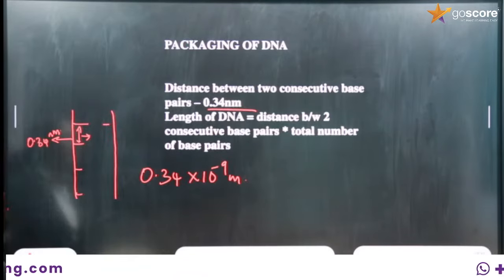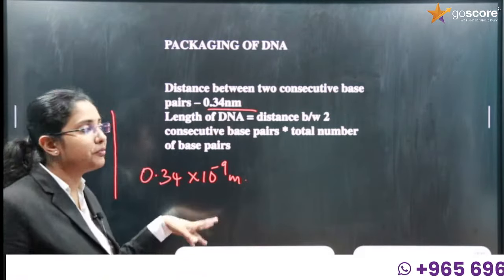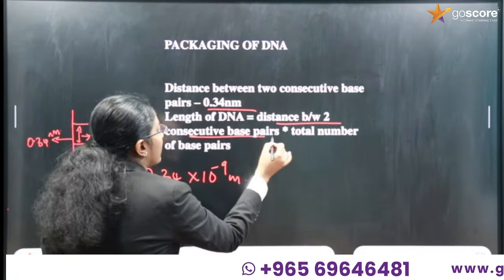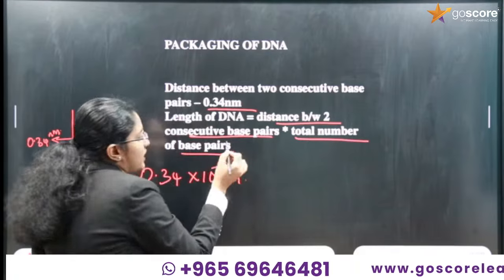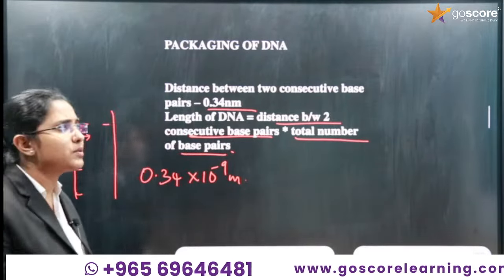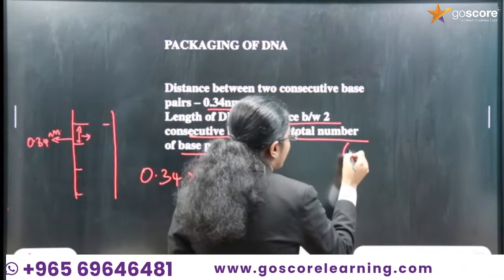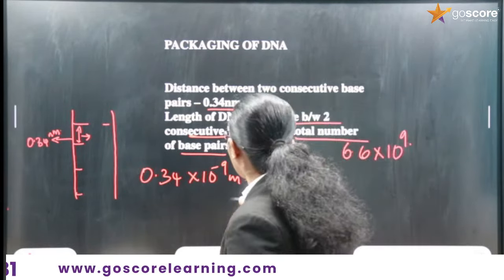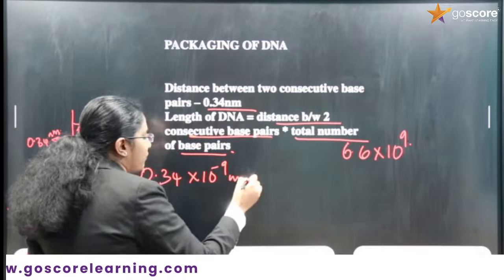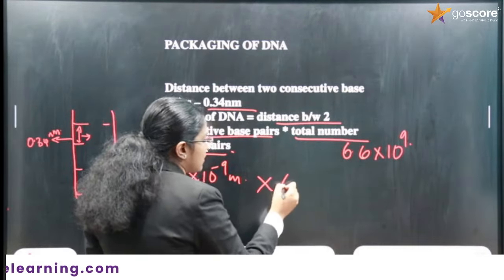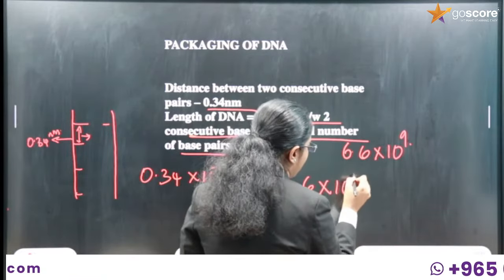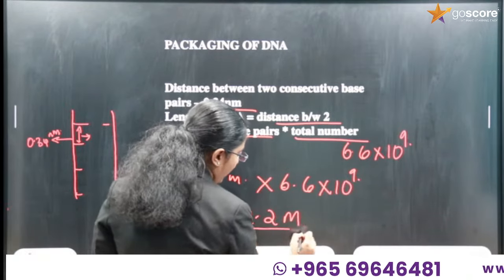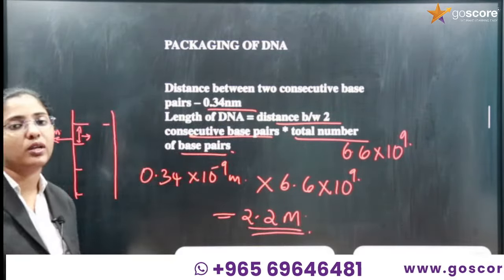What is the length of a DNA? The length of DNA is the distance between two consecutive base pairs times the total number of base pairs present. The total number of base pairs present in DNA is around 6.6 into 10 raised to 9. Multiplying 0.34 into 10 raised to minus 9 with 6.6 into 10 raised to 9, we get around 2.2 meters. This calculation is very important. You have to remember it.